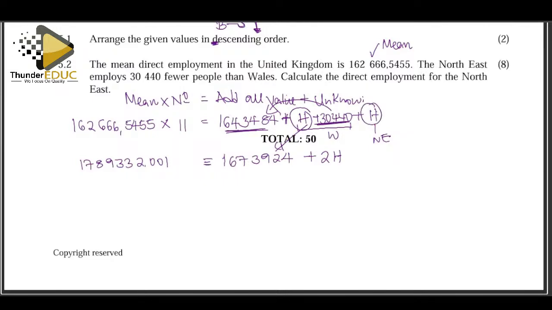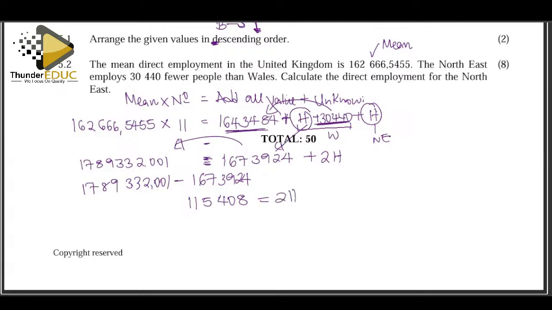So now, there's an equal sign here. These are 2 unknowns and there's a normal number. So we collect what we call like terms. When it jumps over, it becomes a minus. So when you subtract there, it becomes this much, minus 167,3924, 115,408 equals 2H, but we are only looking for H. H is representing the Northeast.